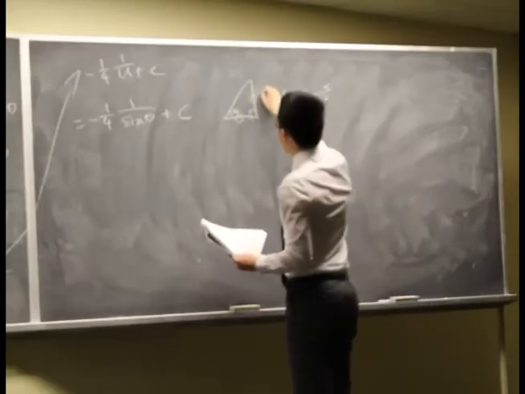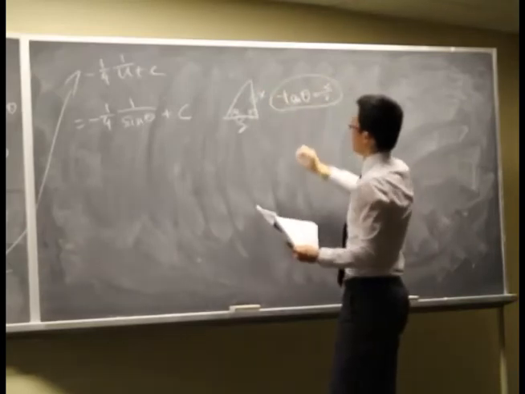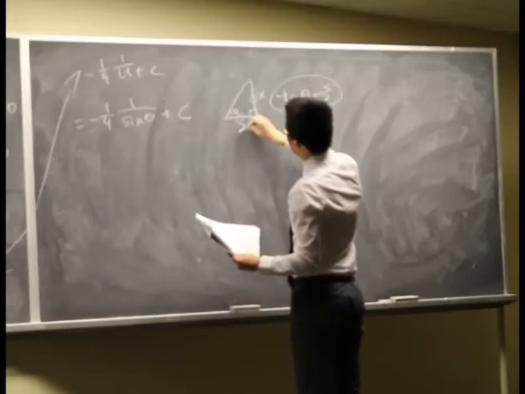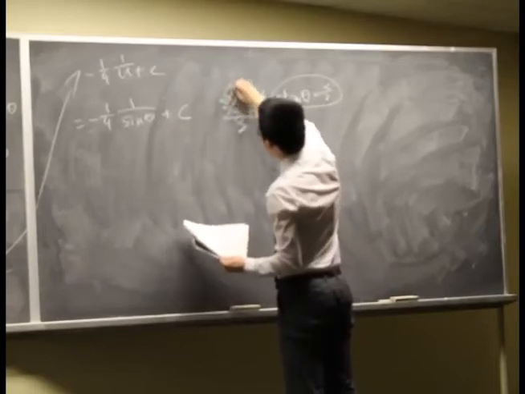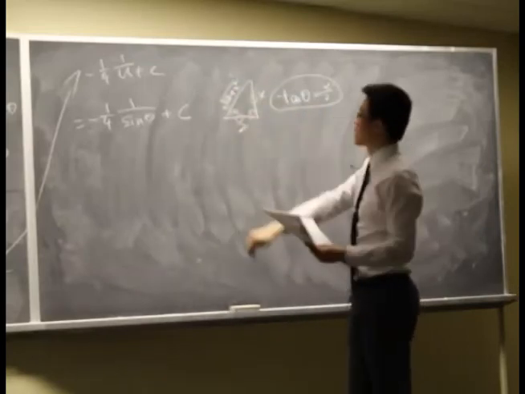So we let this side be x and this side be 2, and we have satisfied the condition tangent theta equals x over 2. Now what is sine theta going to be? By the Pythagorean theorem, this side is the square root of 4 plus x squared. This should ring a bell because we started with the square root of x squared plus 4.